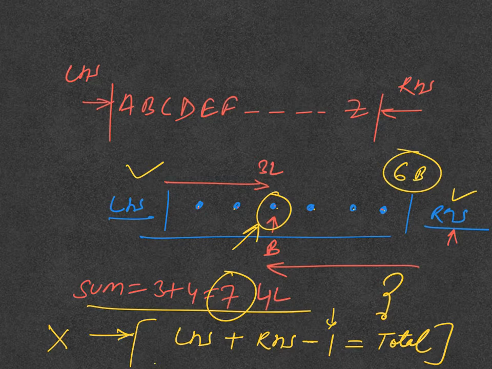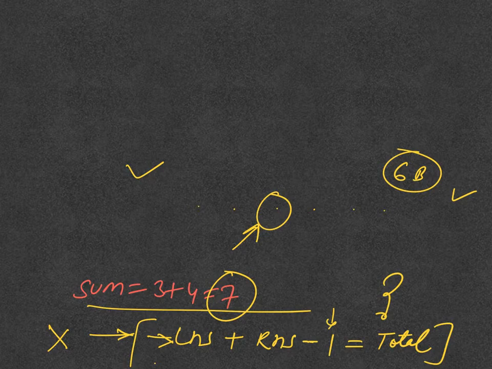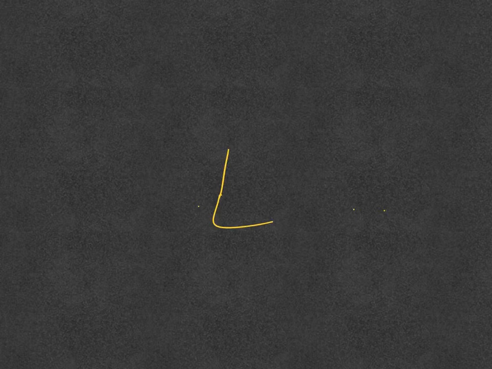So I hope you have learned this concept, and based on this formula, we can easily learn the values from the right hand side. Now what we will do, we will draw a small box. So this is a box.